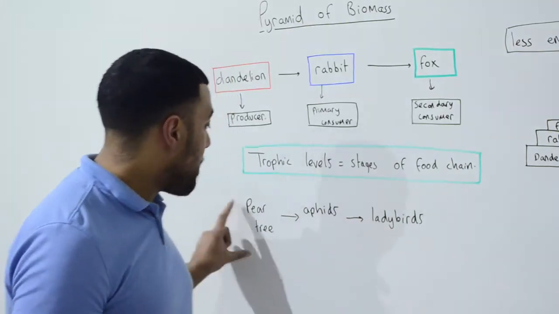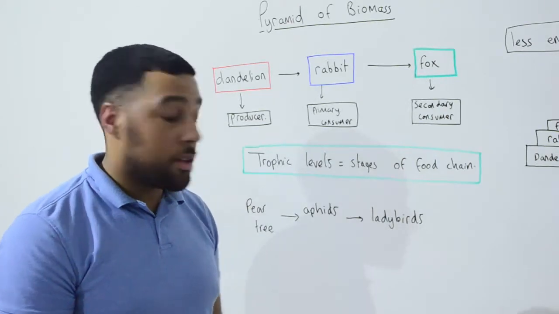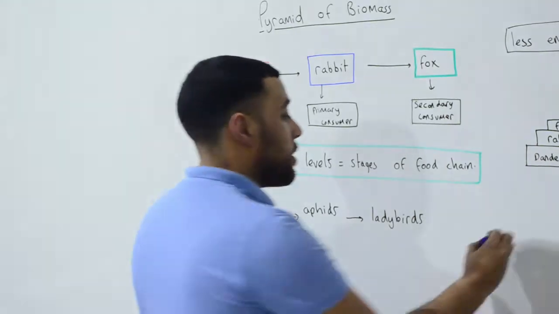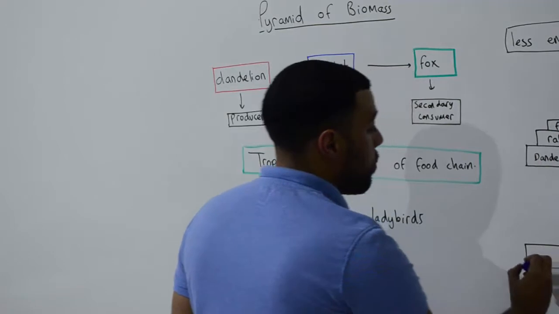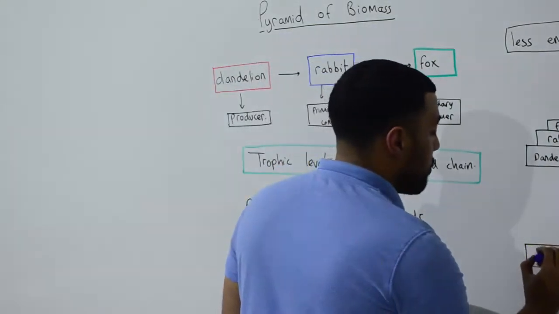You could be asked to represent this food chain as a pyramid of biomass. Remember that the producer has the most amount of biomass, so that bar will be the longest. And this is our pear tree.